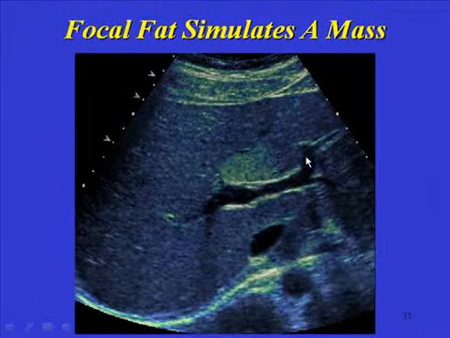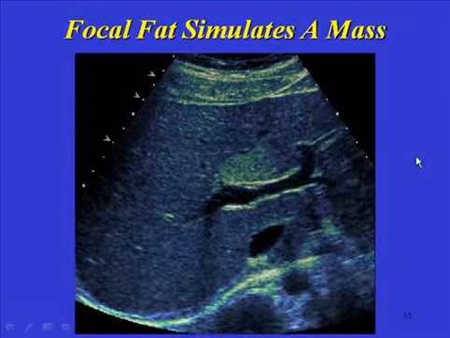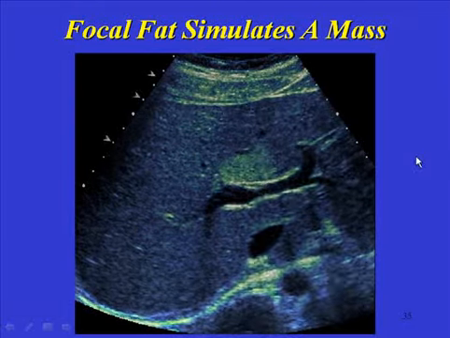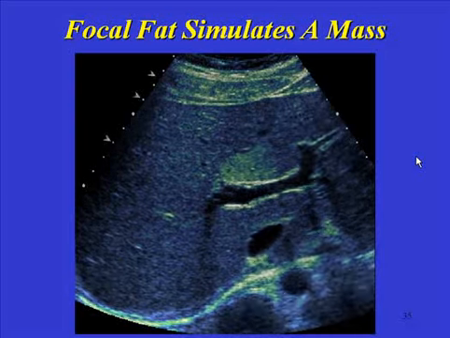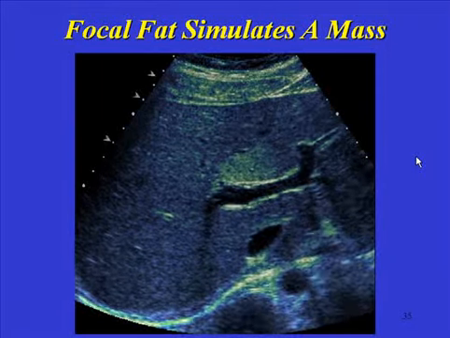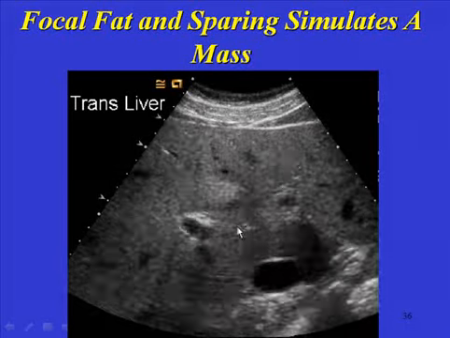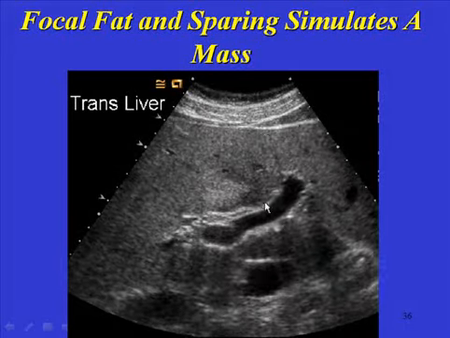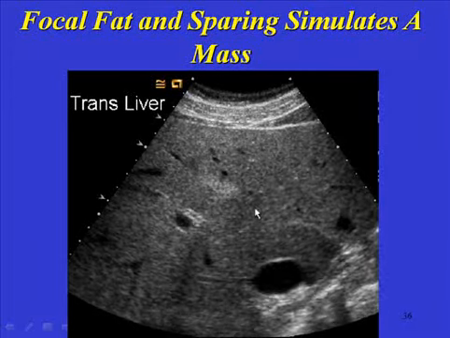Here's a typical area of increased echogenicity related to focal fat, which is, of course, a different situation. And this, too, can simulate a mass. So variations locally in fat can simulate masses, and one needs to be a bit careful about that. Here's a combination. Basically, this patient has an area of focal fat and peripheral hypoechogenicity, which is sparing.